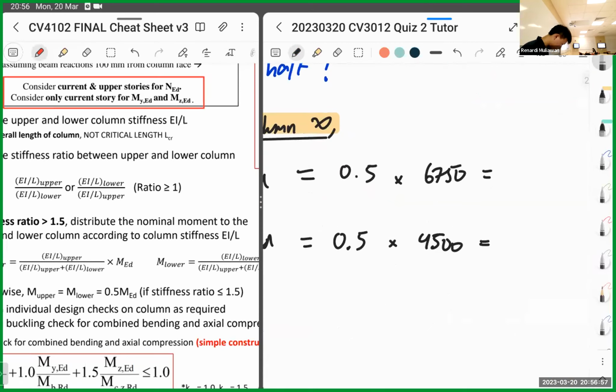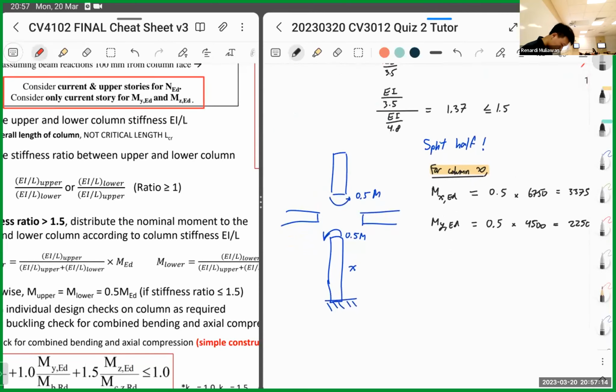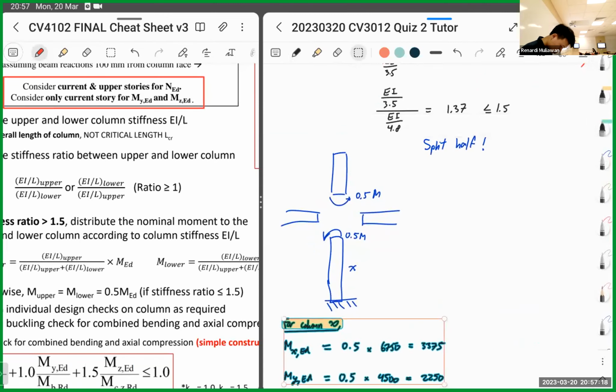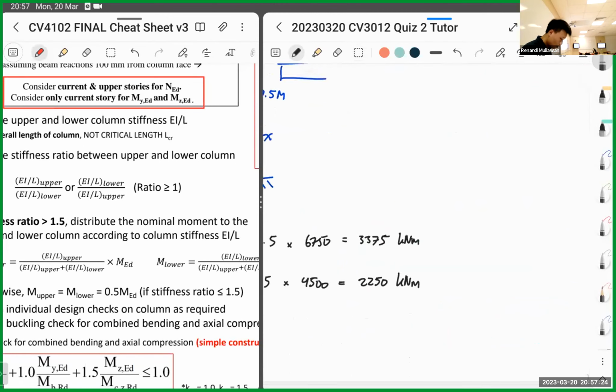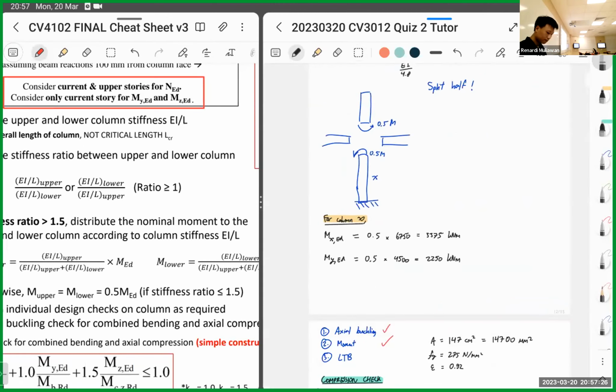So what's half of it? 3375. Then half of 4500 is 2250. This one is in kilonewton meters.